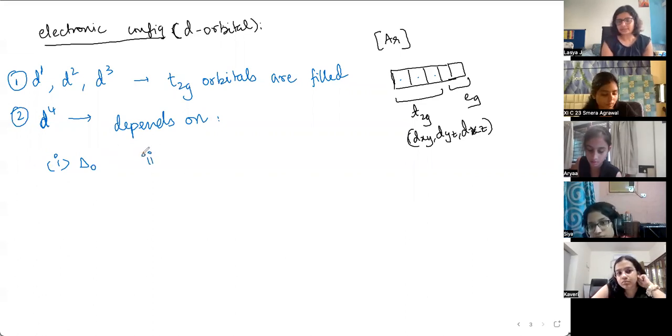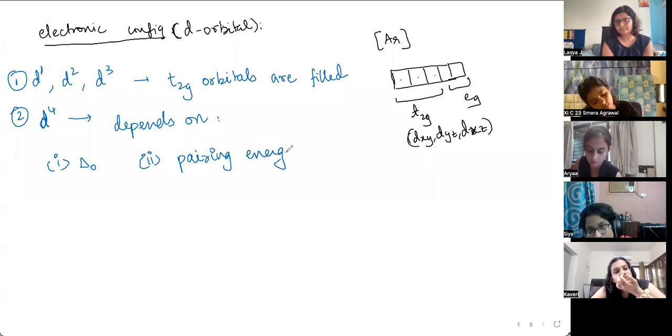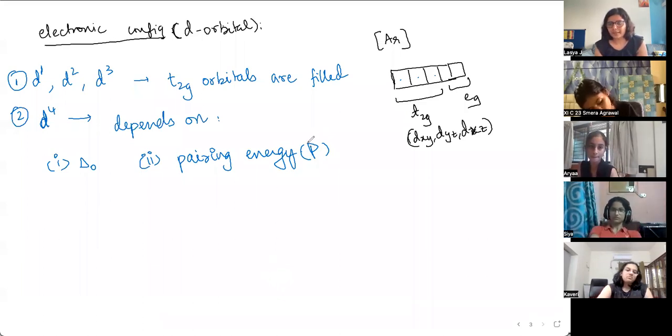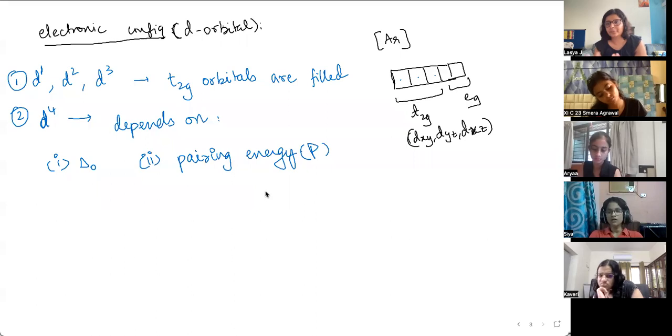And there is something called pairing energy, denoted by P. Pairing energy is basically the energy required in order to pair the electrons.